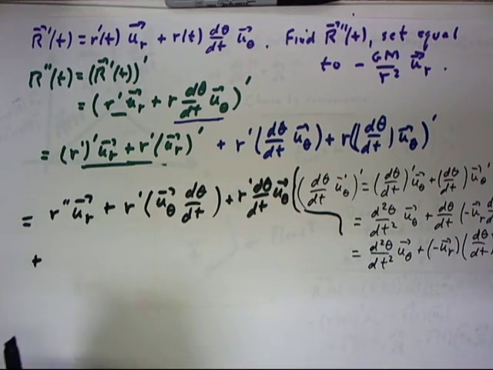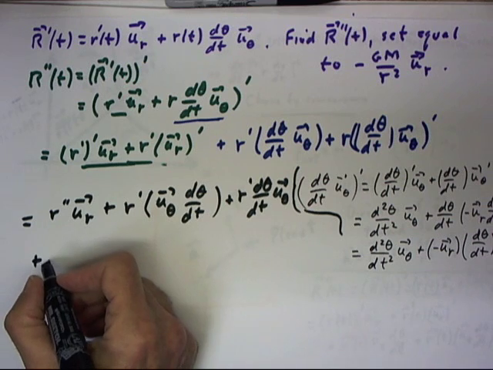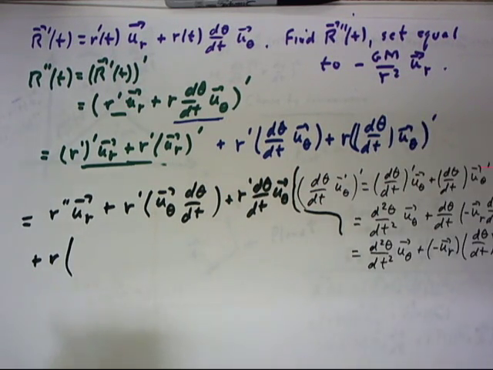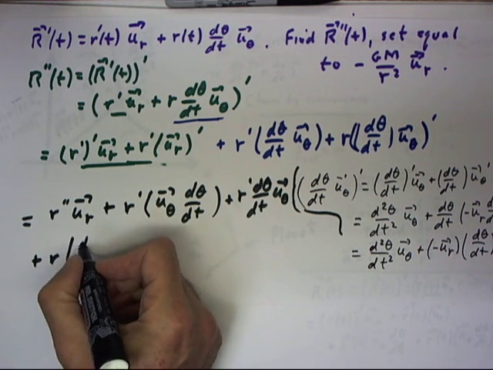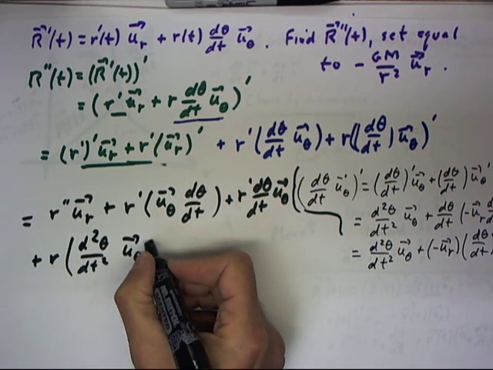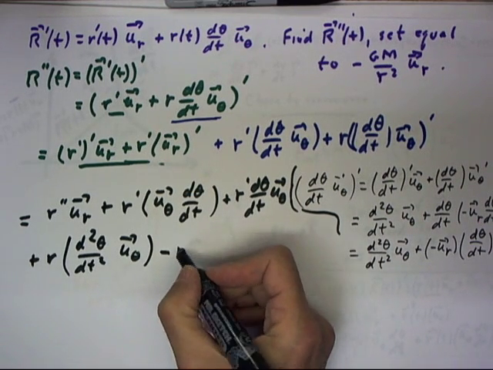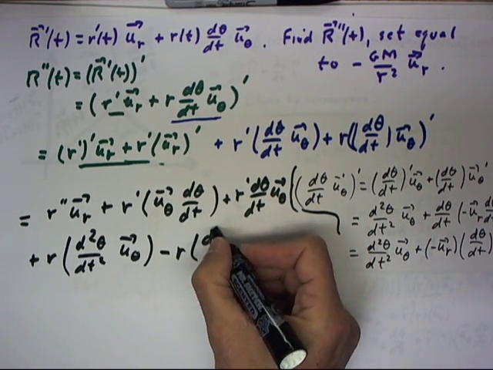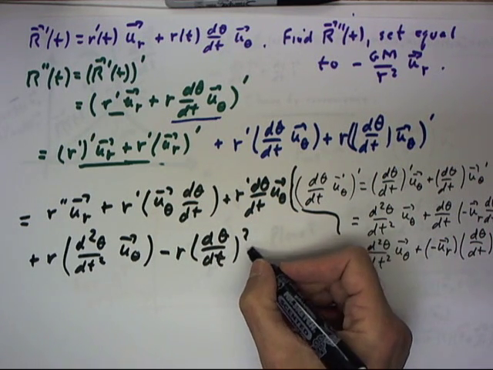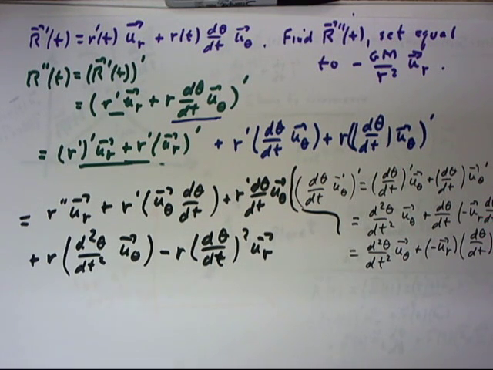We still have the r to distribute through this expression, and what we end up with then is r times the first term of this expression, which is the second derivative of theta with respect to t times u sub theta, minus, because of the negative u sub r, times d theta dt, quantity squared, times u sub r.